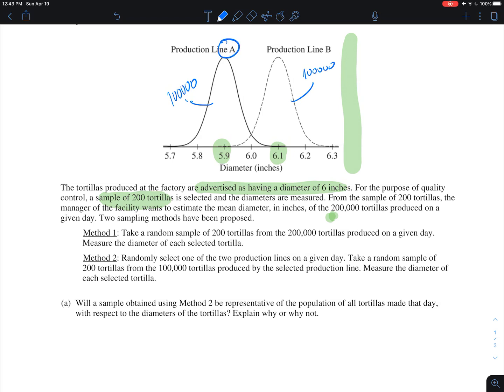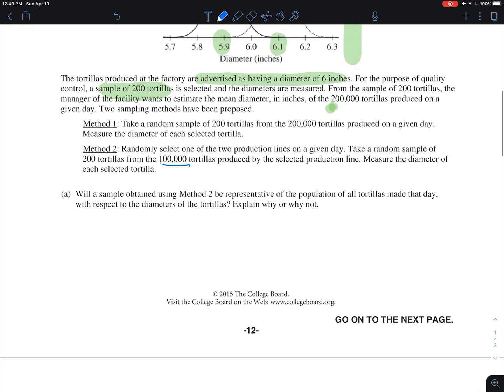So either from A or from B, pick one of them and take a random sample of 200 from their individual 100,000 tortillas and measure the diameters. So you randomly select one of the two and take 200 from one of the production lines, or you take all 200,000 produced by both and randomly select 200 from that total. Those are the two choices we have.